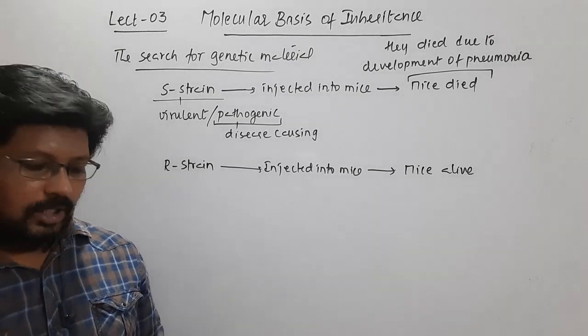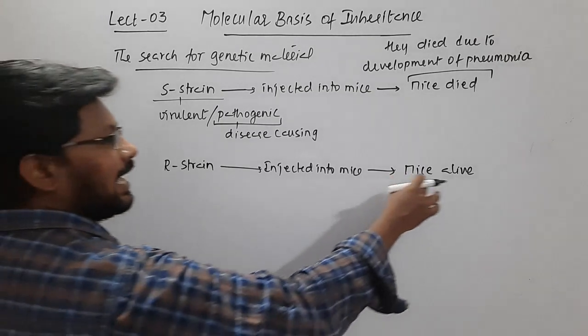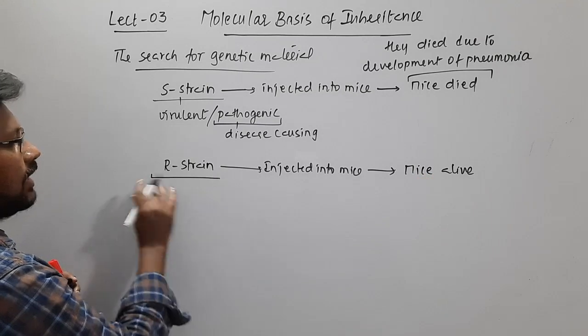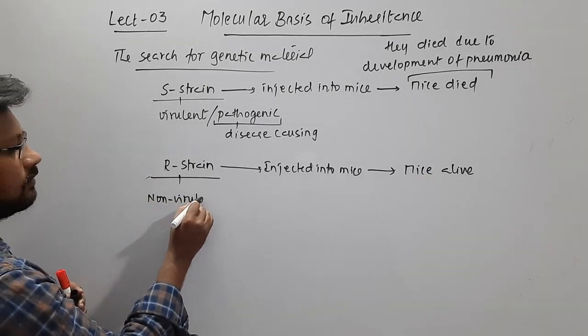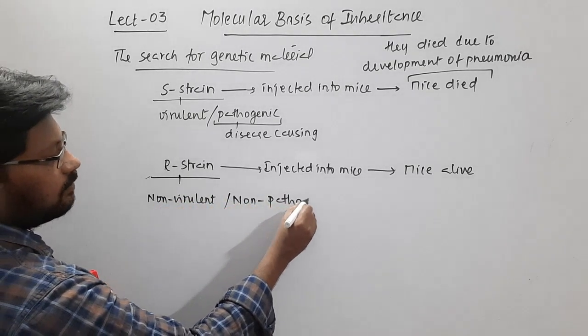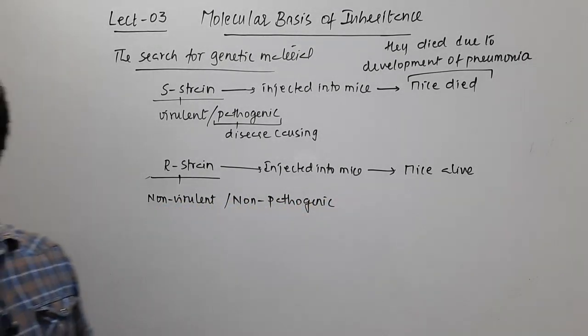Of course, due to non-development of pneumonia, all these mice were alive. And with this he concluded that the R strain is non-virulent or non-pathogenic, meaning it does not cause disease.